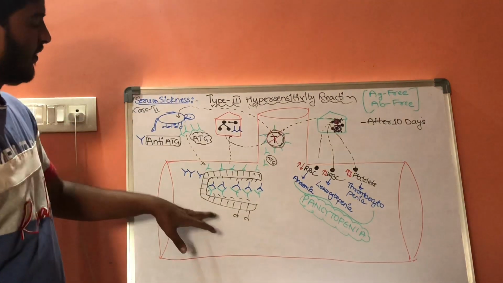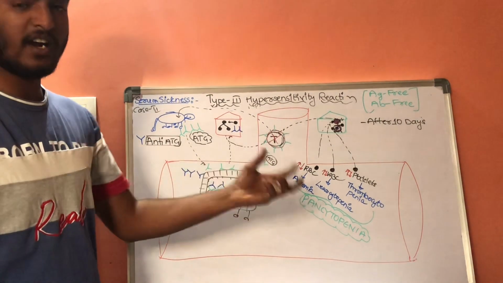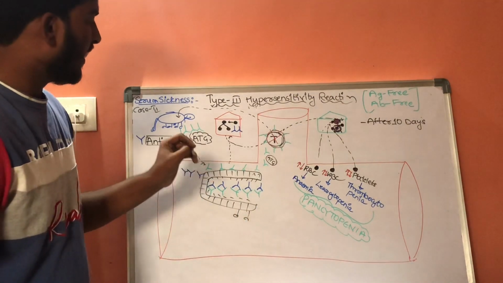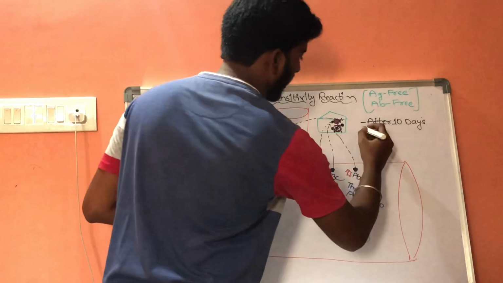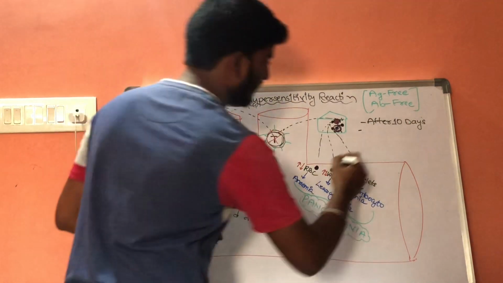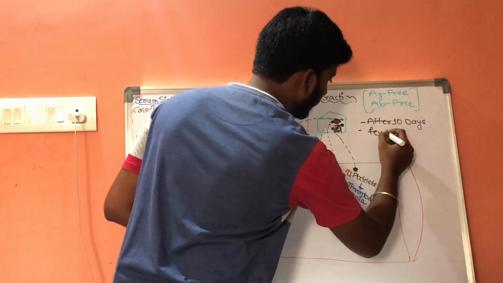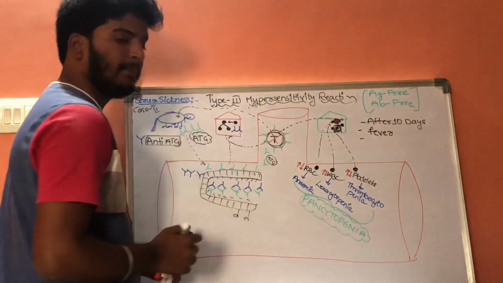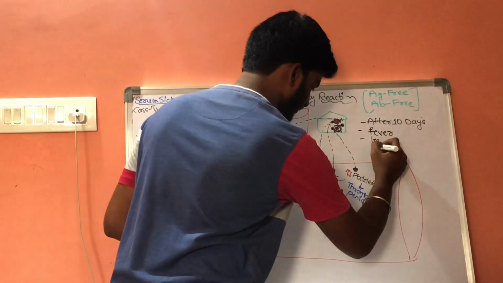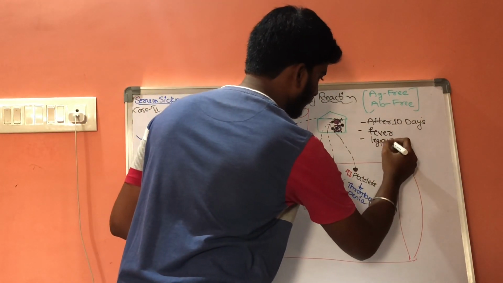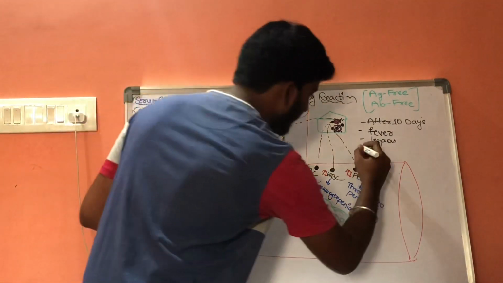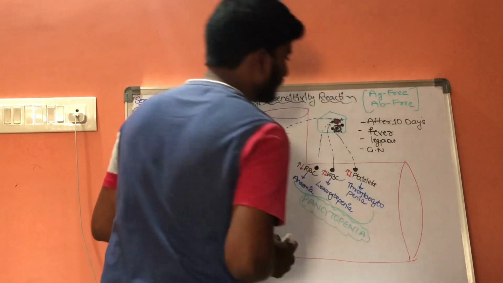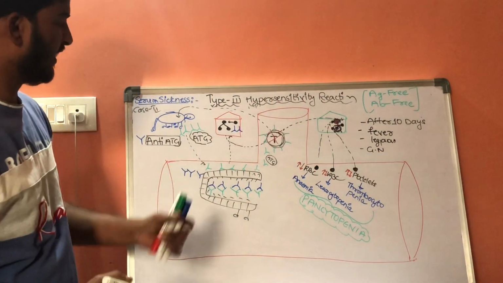But in case of failure of these neutrophils or lack of neutrophils, a person may experience fever or leg pains or also glomerular nephritis. In these cases, the neutrophil count will get decreased.